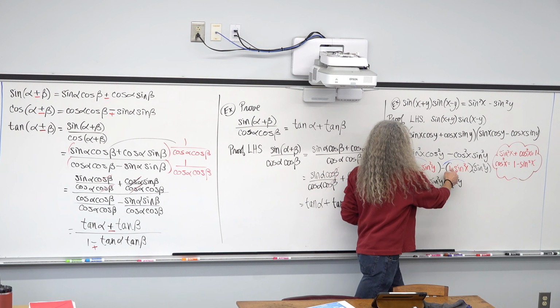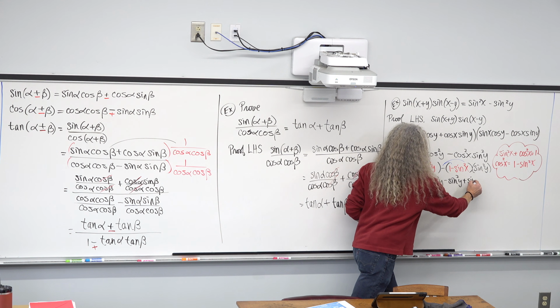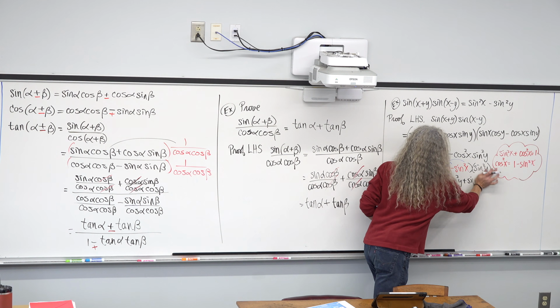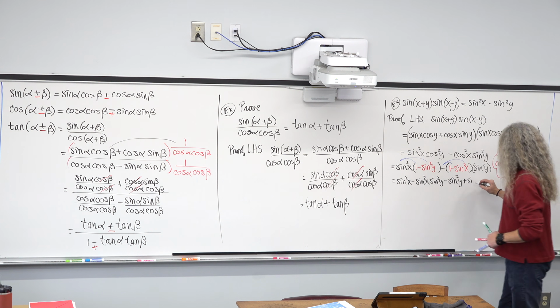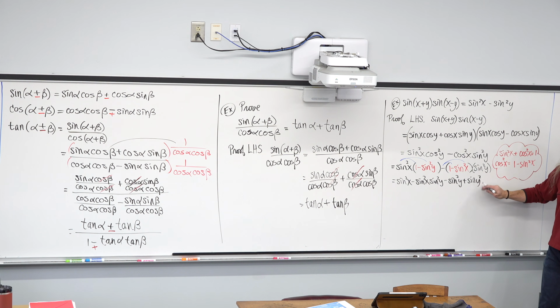And negative times negative is positive. We have sine of y, I'm not sure if the x or y should go first. Of course, multiplication is commutative, so it really doesn't matter. But sine of y squared, if I just slow down, I could do this faster.